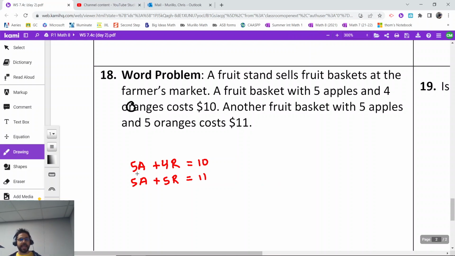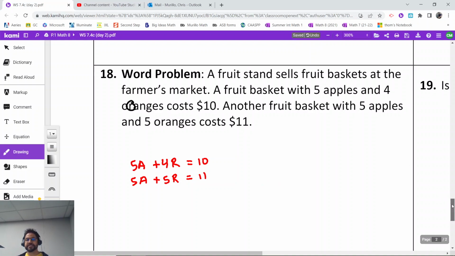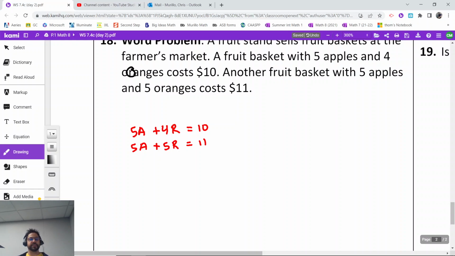So if you notice, the apples are already the same digit, so let's get the opposite sign. So I'm just going to go ahead and suggest maybe if we multiply this bottom one by -1. You could have also multiplied the top one by -1 if you wanted to instead, which gives me 5A plus 4R equals 10, can stay the same.